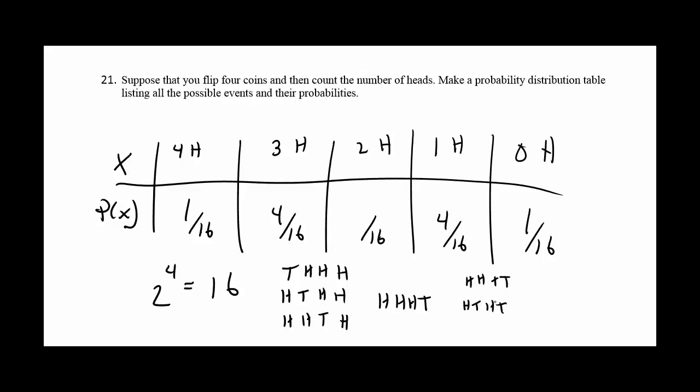So how many possibilities have I taken care of so far? I got 1 and 4, so I got 5 there. 4 and 1, so I got another 5 there, so I got 10 of 16. So that means that the 2 heads has to be 6 out of 16.